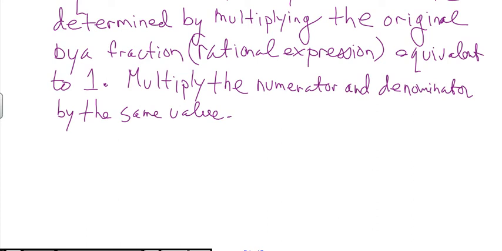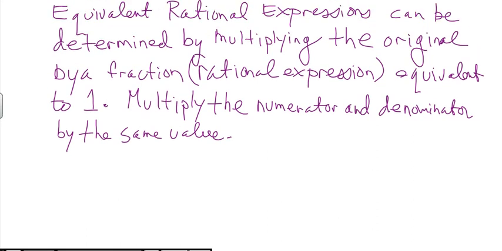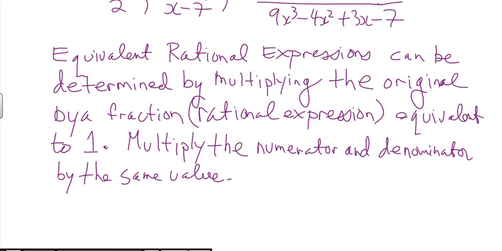Okay, so those are equivalent rational expressions, analogous to equivalent fractions, right? So what we just did with fractions, making 2 over 4 the same as 4 over 8, we do the same thing with rational expressions, making one equivalent to the other.